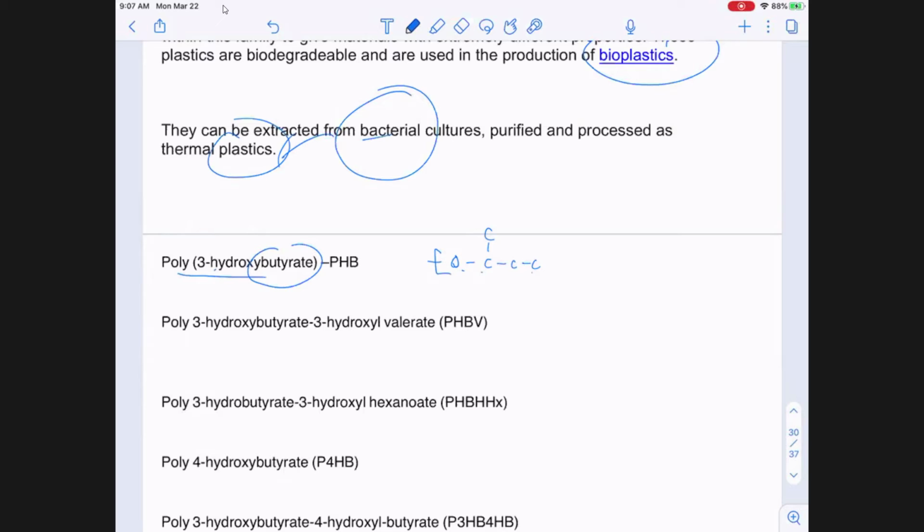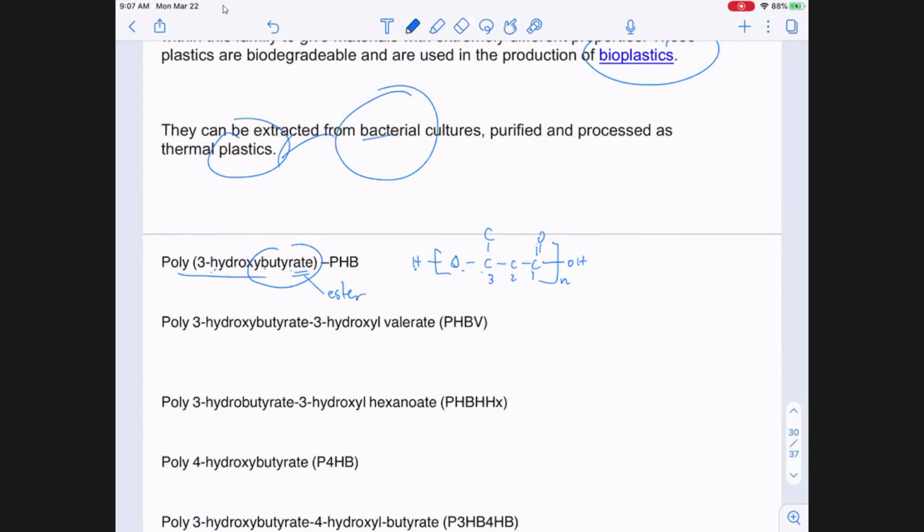So the OH polymer is 3-hydroxy: carbon 1, 2, 3, so carbon 3 has the hydroxy OH. And butyrate is 1, 2, 3, 4. Rate means an ester, okay? So it's biodegradable.